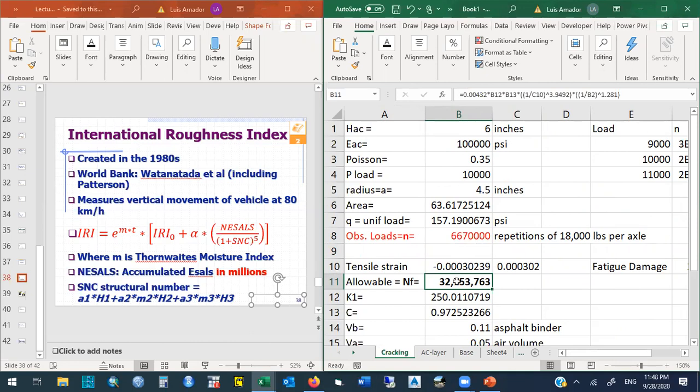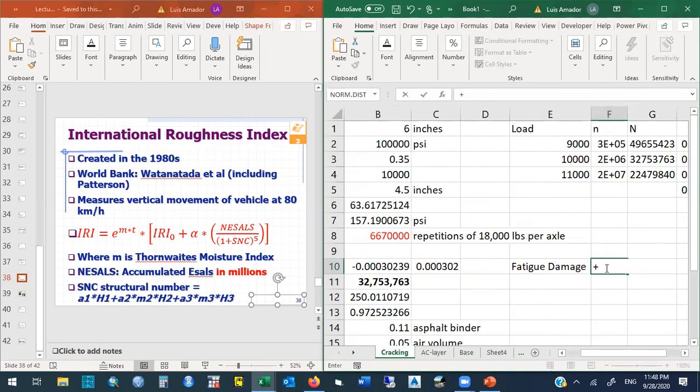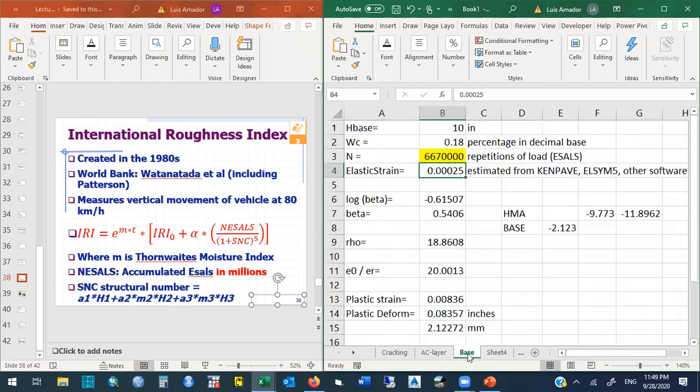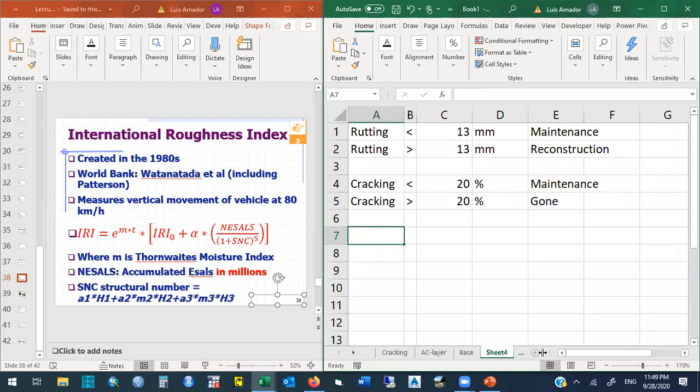What is 66 over 32 million? It's at 20%. Okay, this is making me look bad because it's matching. But that means Quebec has made a good job at recognizing.